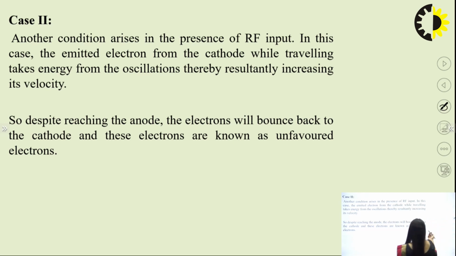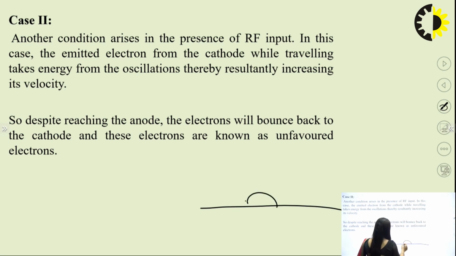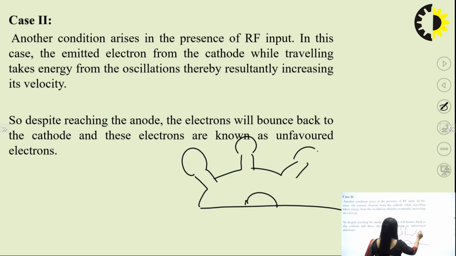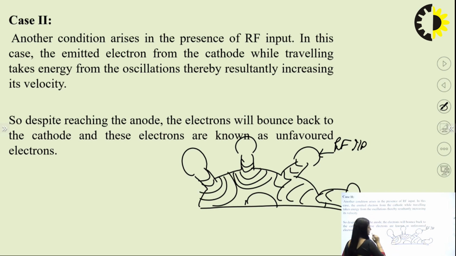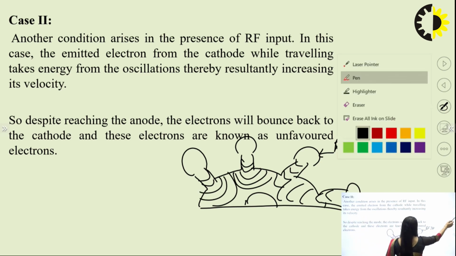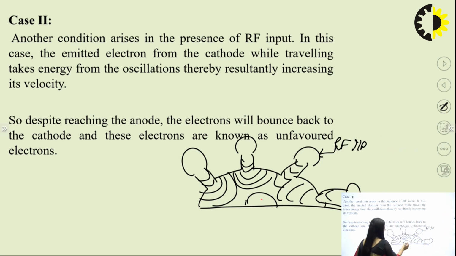So in case I draw again, this is the cathode and there are a number of anodes present here, right? And we are saying that an RF input signal is applied. So oscillations are formed. Now one electron is emitted from the cathode.